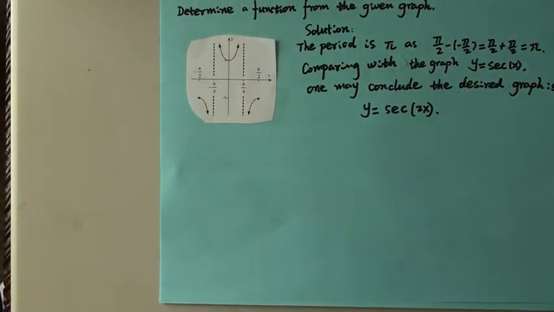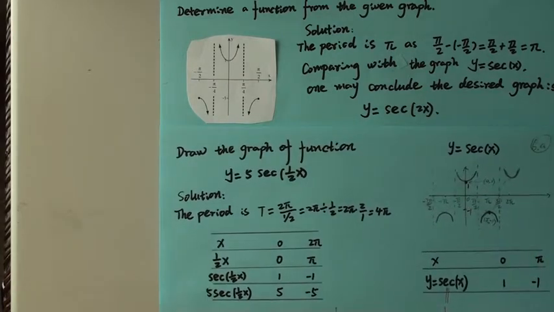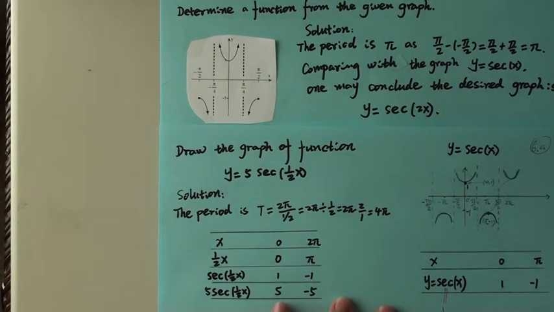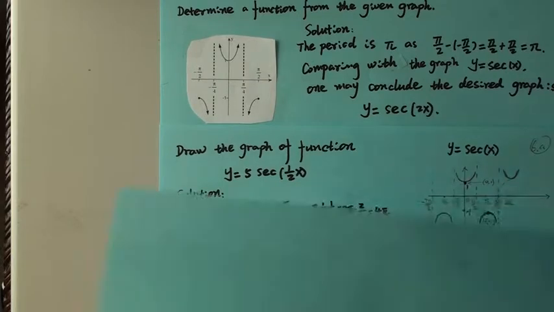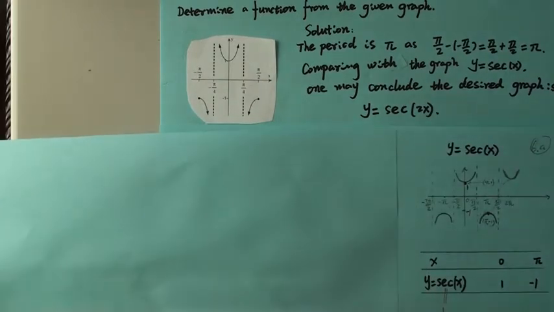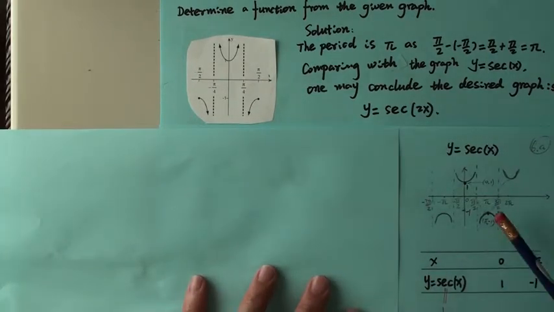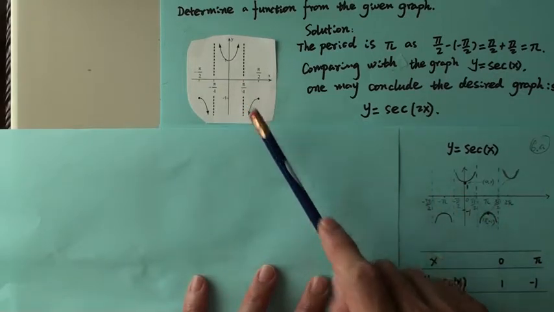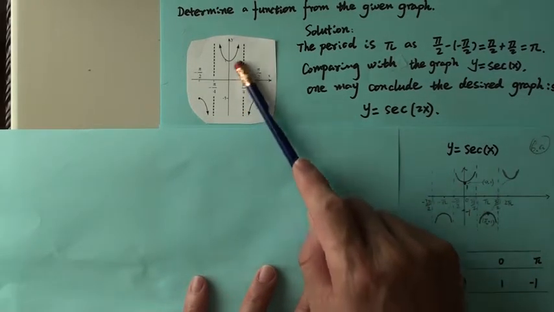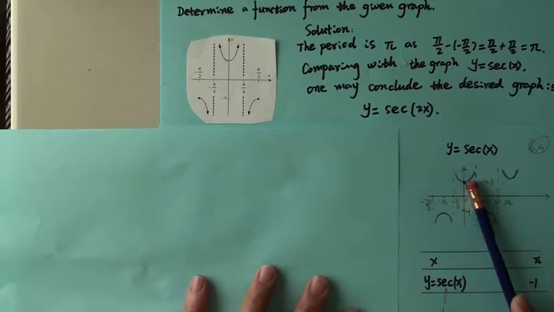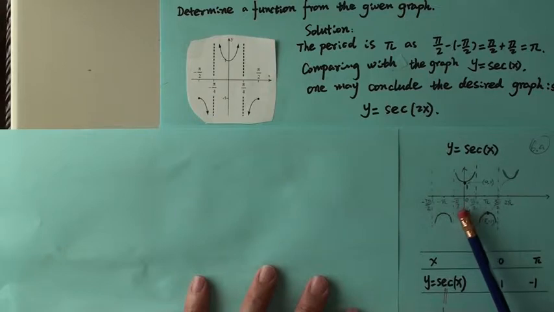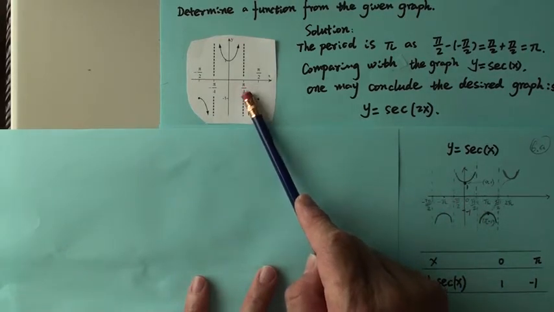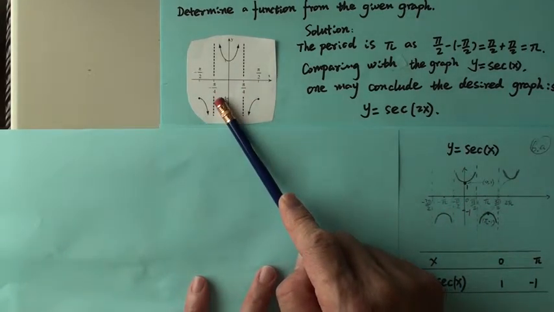If you compare with the previous lecture on secant, the shapes are almost the same. But here was pi over 2, here is negative pi over 2, while here it is pi over 4, negative pi over 4.